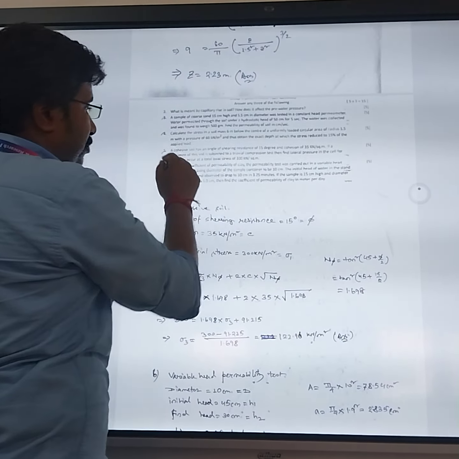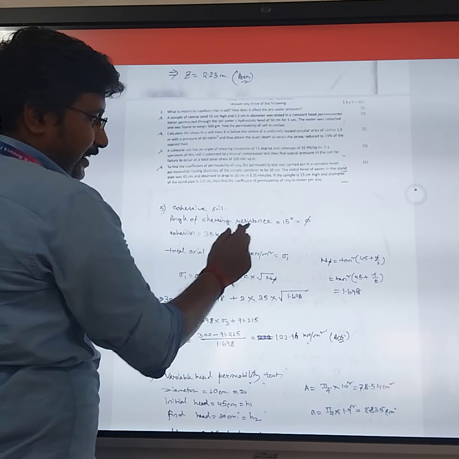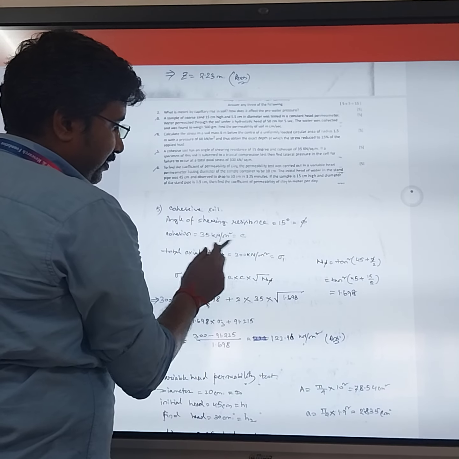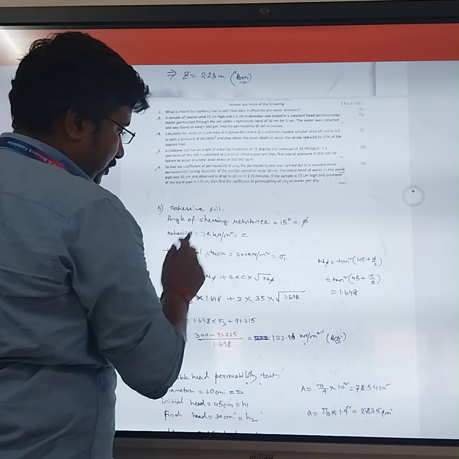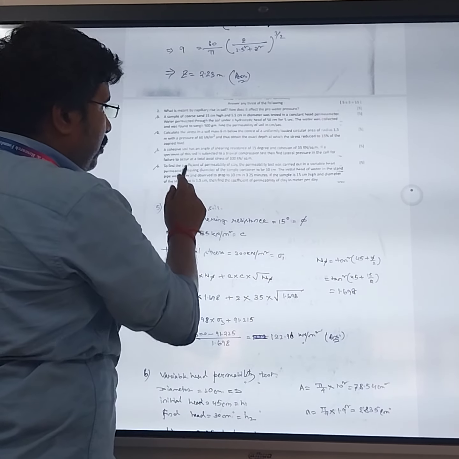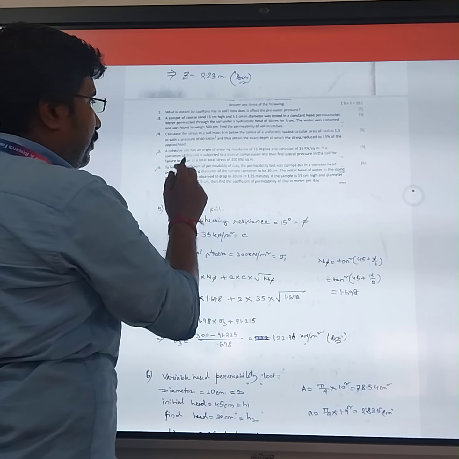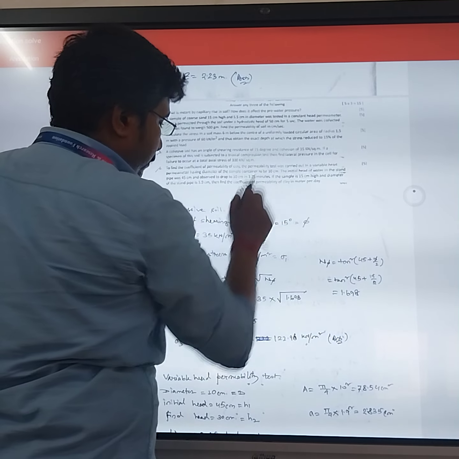So here the given soil sample is cohesive soil, angle of shearing resistance phi is 15 degree, cohesion C equals 35 kilonewton per meter square, and total axial stress is 300 kilonewton per meter square. We have to calculate the lateral pressure.